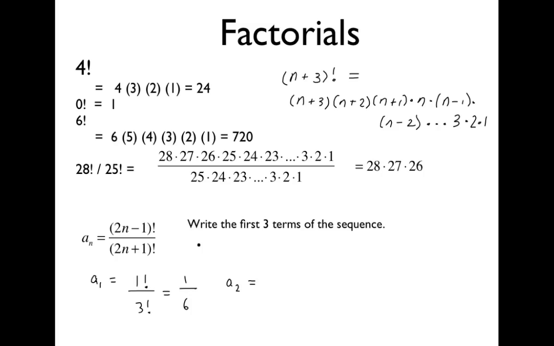Oh. 2 times 2 minus 1, which is 3 factorial on the top. Good. Then 5 over 5 factorial. And what does that equal?